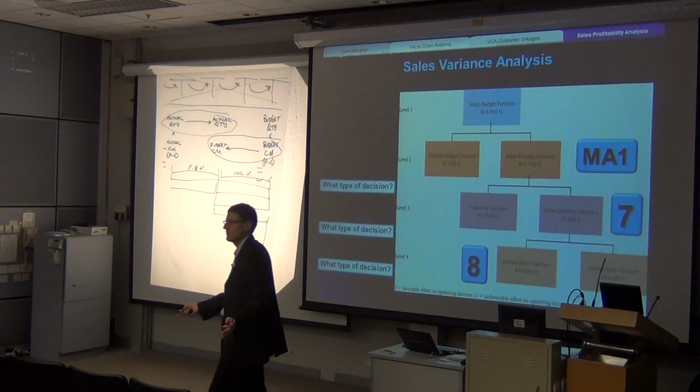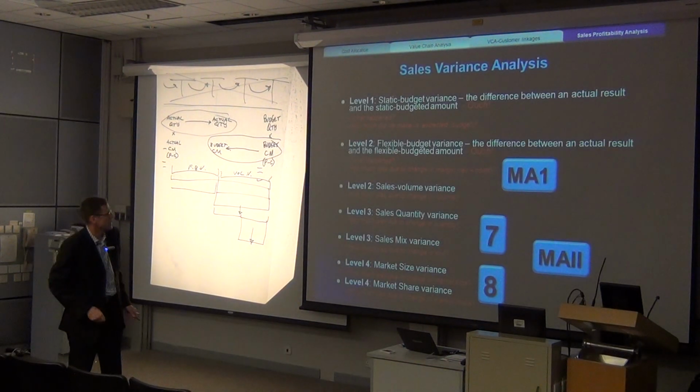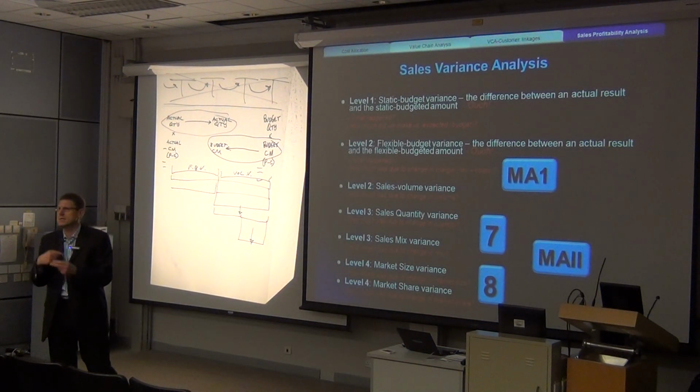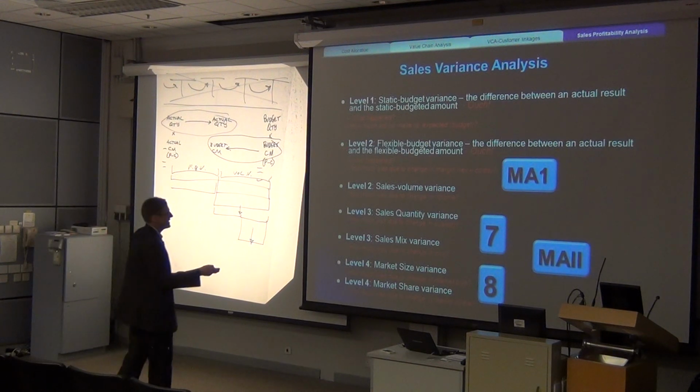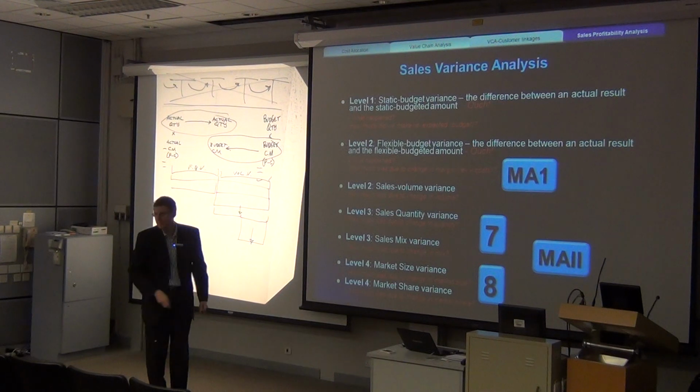It can't be any different from that. Okay, so let's have a look at number 7. The first thing I want you to learn is the decisions that are being made. In Management Accounting 1, it is how much did we make versus the expected budget.